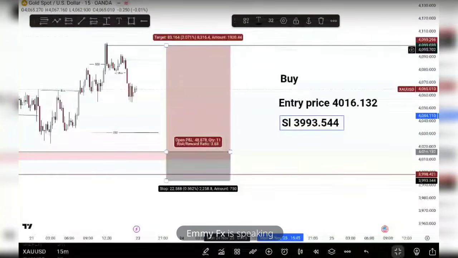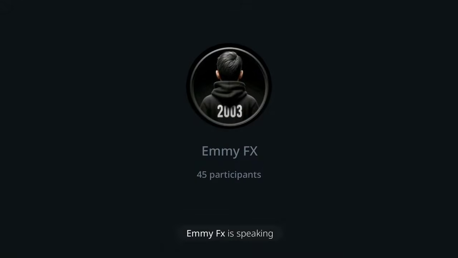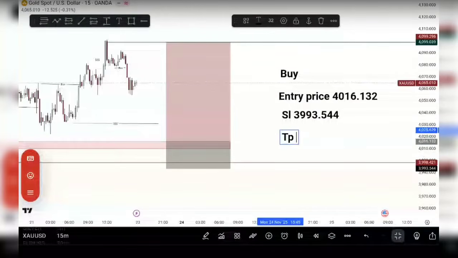Take profit is going to be at this one. It's less for you, it's your choice, but let me try to add the take profit from this. TP is going to be 4099.039.